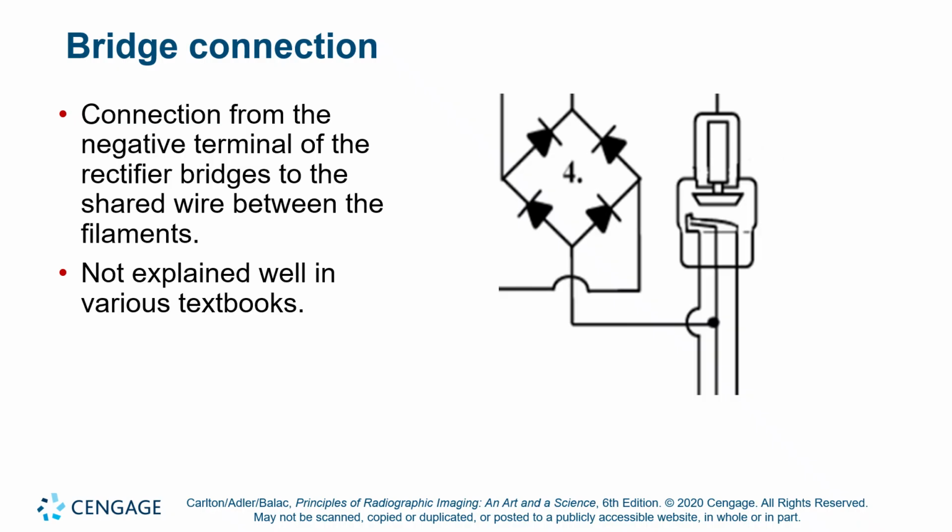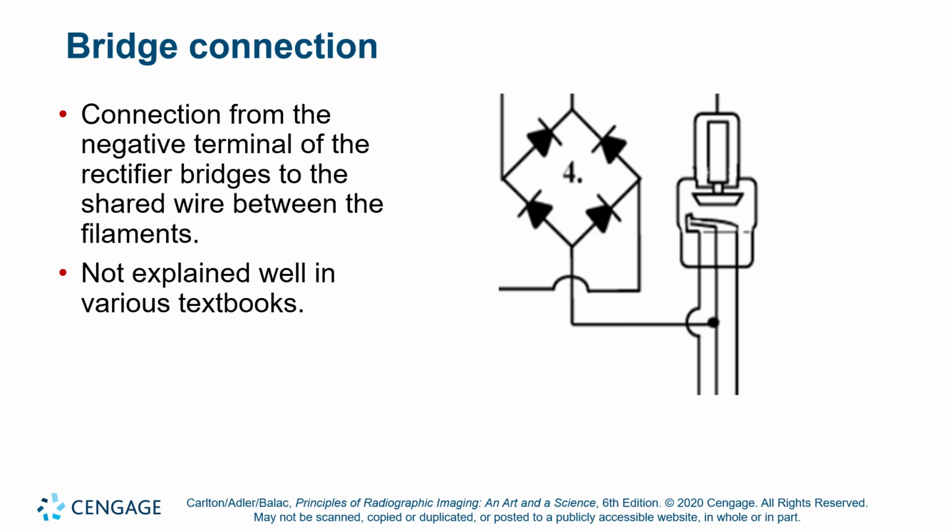But the middle line bridges, because remember the middle line is included in both the small filament circuit and the large filament circuit. The middle line bridges with the high voltage circuit. That is, there's a T junction there.